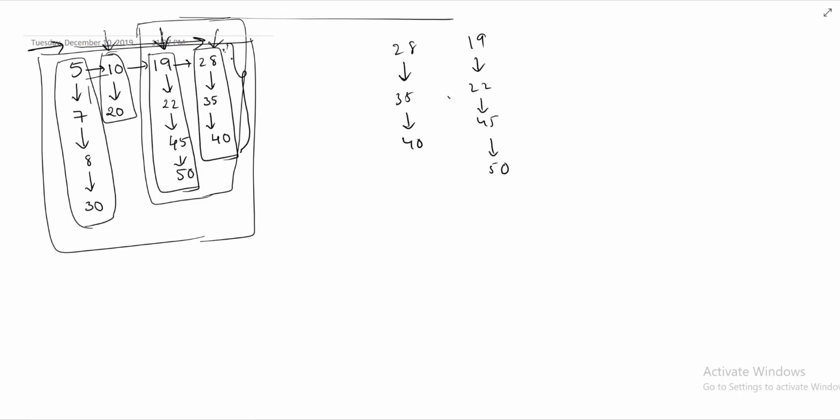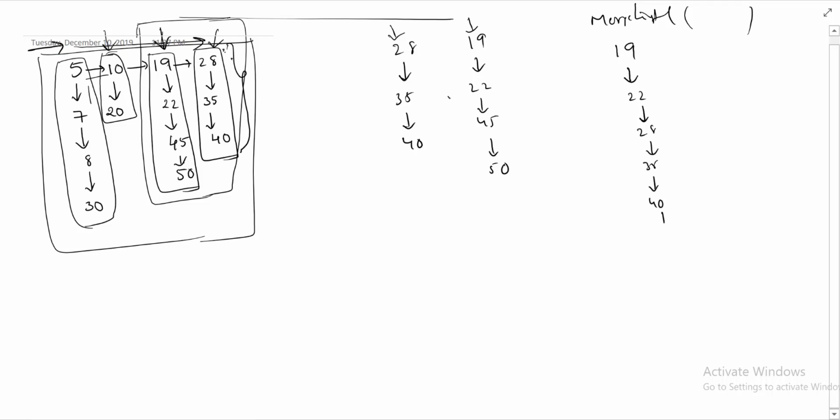Now we need to have a separate method called merge list, which takes the heads of two lists and returns the sorted merged list. So this particular method will return 19, 22, 28, 35, 40, 45, 50.